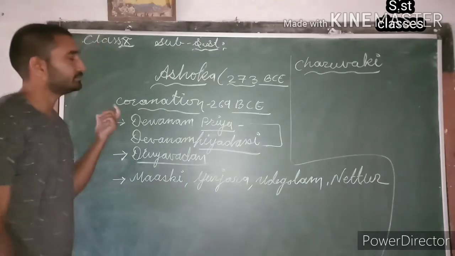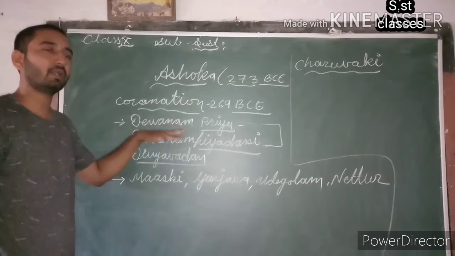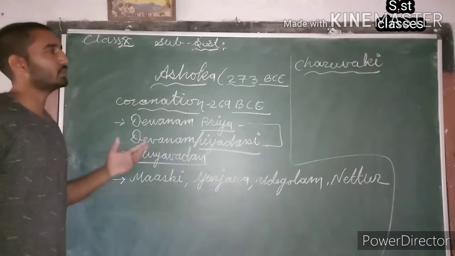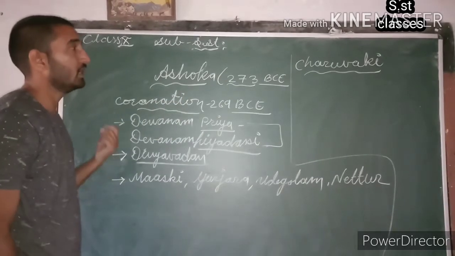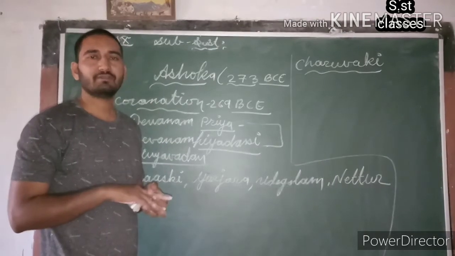So Ashoka became the ruler in 269, means by coronation, and actually came in power in 273 before Common Era. And after coming in power, we find two major victories of Ashoka.